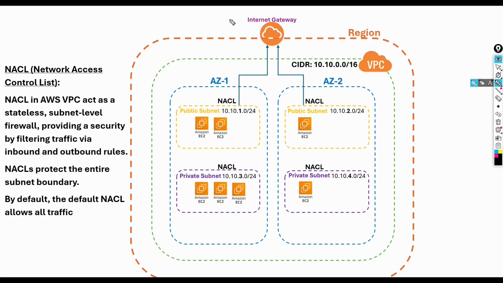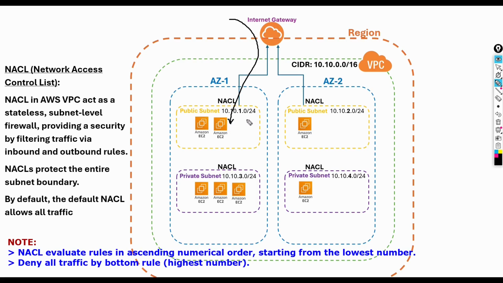So let's say some traffic is coming from outside to access one of the servers. By default it is allowed, but through the NACL, we can set some firewall policy to restrict the traffic on particular ports. Let's say I want to allow only port 443, then I can put one entry in the inbound direction where we can allow just port 443.